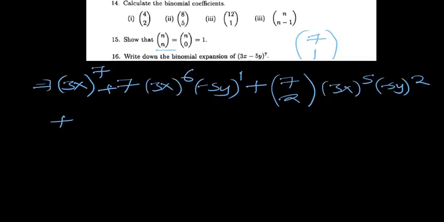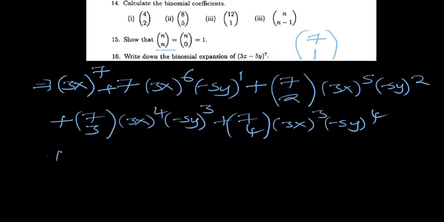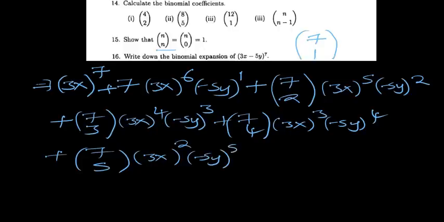At this point we can now have 7 choose 3, 3x to the power 4, negative 5y to the power 3. 7 choose 4, 3x to the power 3, negative 5y to the power 4. 7 choose 5, 3x to the power 2, negative 5y to the power 5.